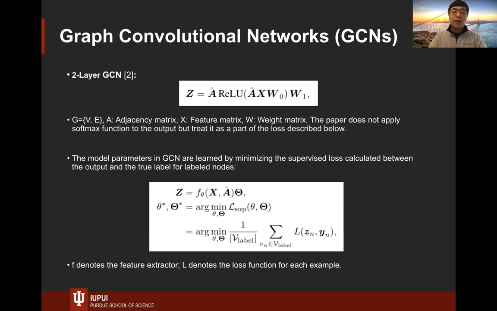The paper does not apply the softmax function to the output, but treats it as a part of the loss. The model parameters are learned by minimizing the supervised loss calculated between the output and the true label. For labeled data, F denotes the feature extractor, and L denotes the loss function.